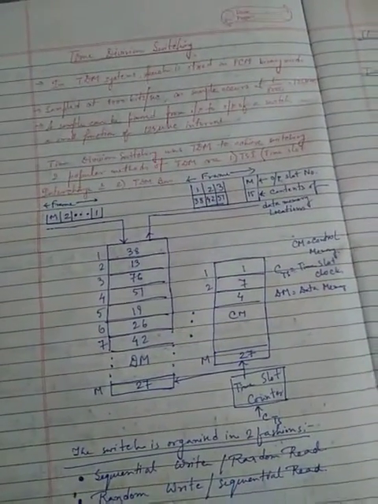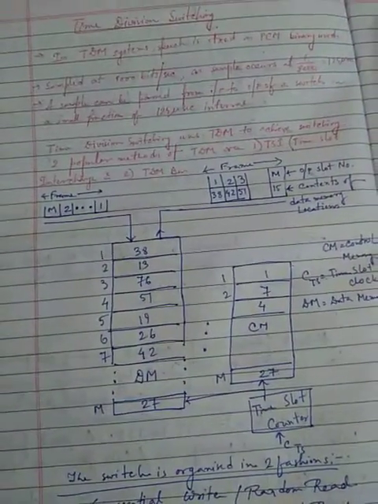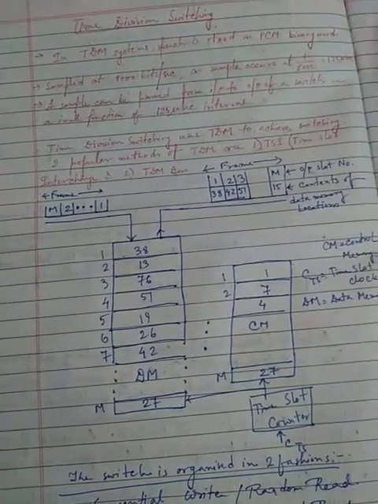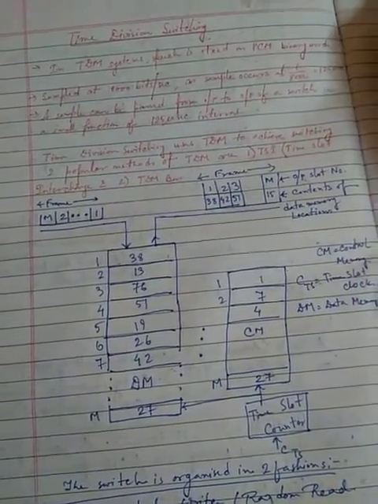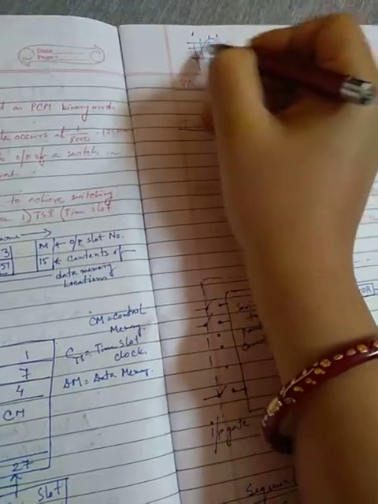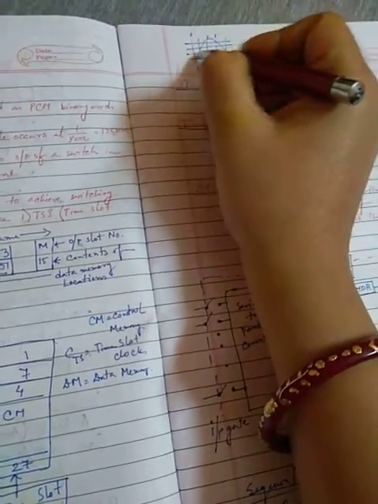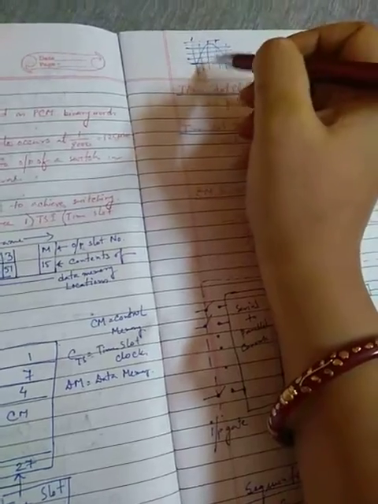So you have gone through this PCM process, right? If we sample our analog signal in the time domain and then discretize it in the amplitude level also, then we get the quantization levels.